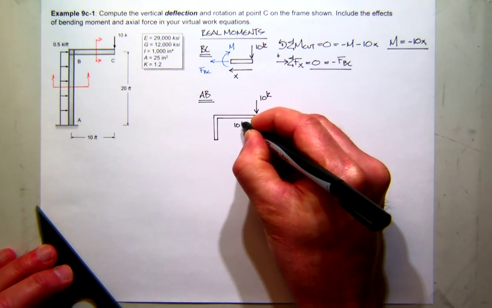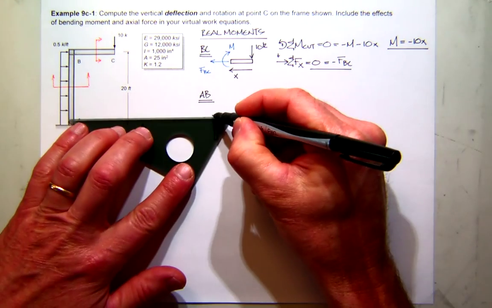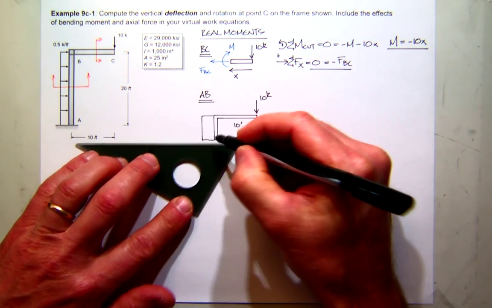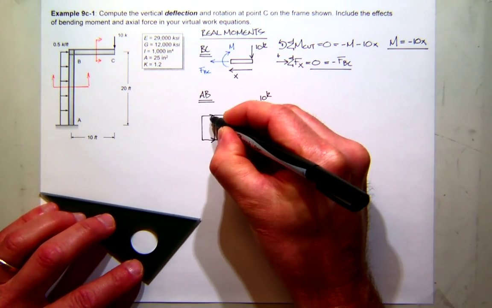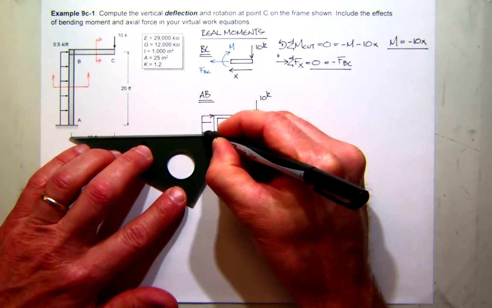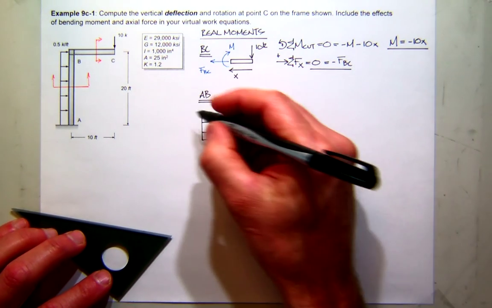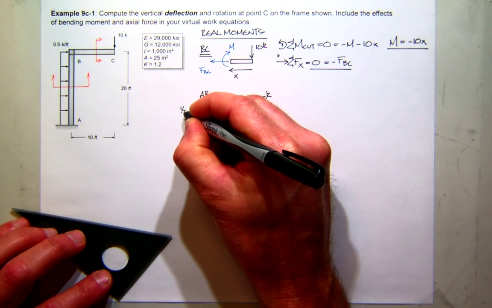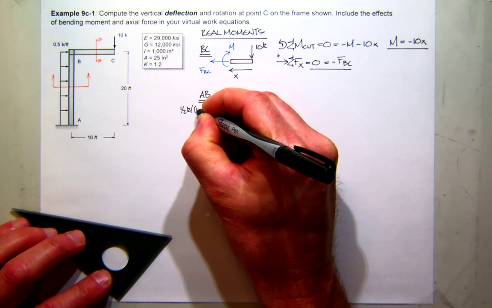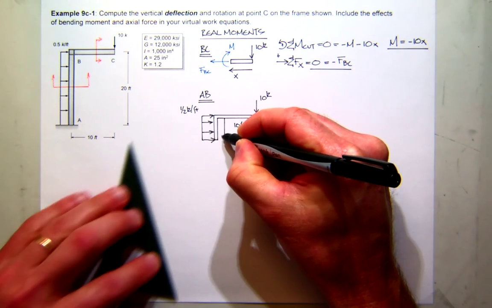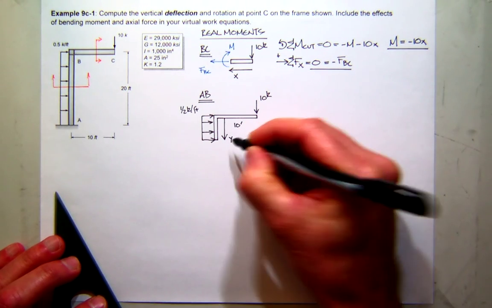That's 10 feet out. And then I've got this distributed load, and that has a value of 1/2 kips per foot. And I'm going to decide that that unit goes in this direction, some value y.